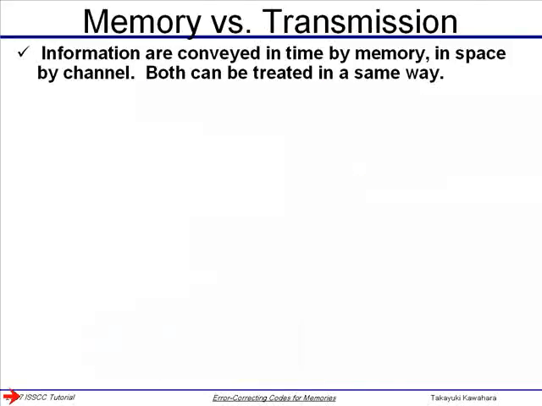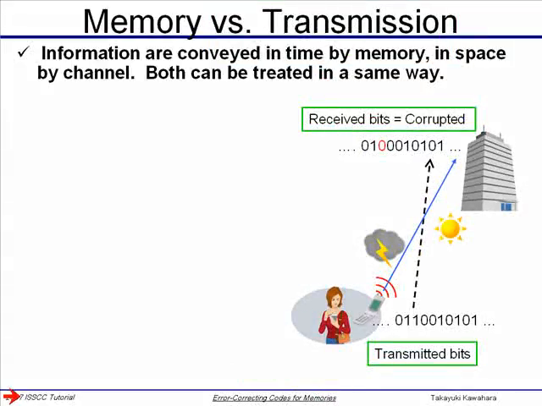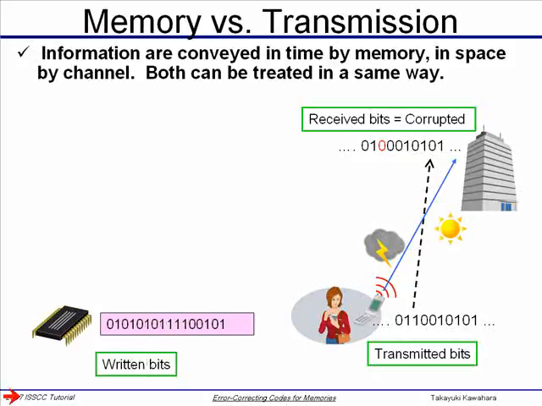The same thing occurs in memory. As I said, information travels in space through the channel, but in memory, information travels in time. For example, I'd like to write down 01010111 and so on. So I write it down and then keep it for a while.